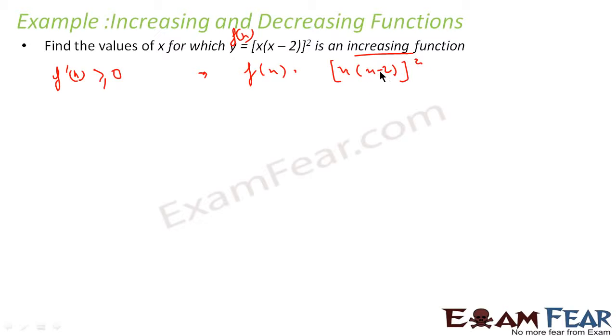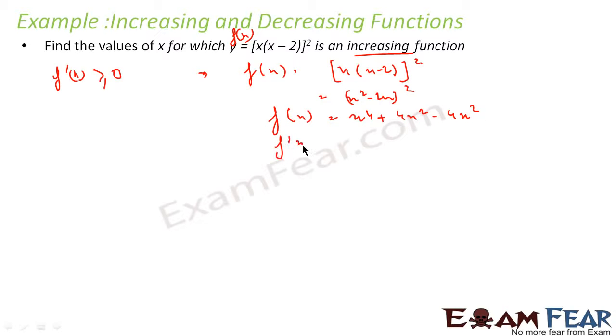So let's factorize this. This becomes (x square minus 2x) whole square, and this is nothing but x to the power 4 plus 4x square minus 4x cube. This is the value of f(x).